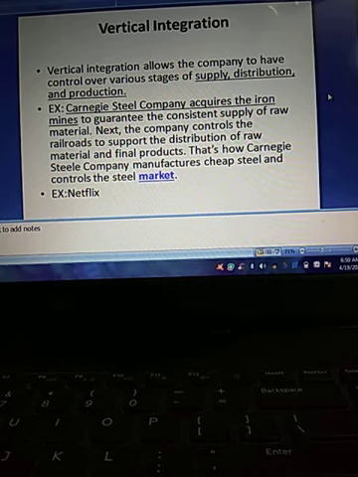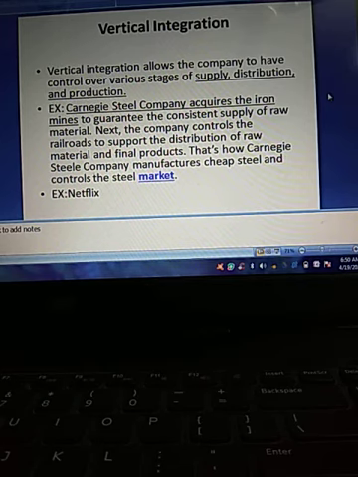The next one is Netflix. You know very well, because of this pandemic, many of them subscribed to Netflix, which is a streaming service of audio and video. This Netflix company even has production studios also. So what do you call this?